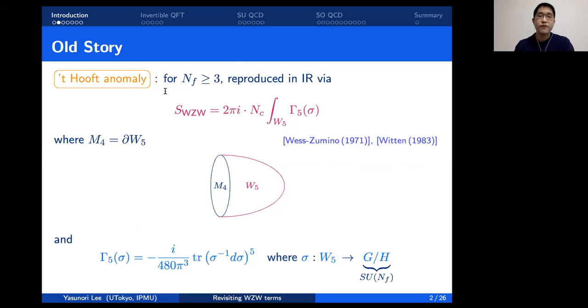term called the Wess-Zumino-Witten term. It is defined as an integral over an auxiliary 5-manifold, W5, which is bounded by the original spacetime 4-manifold, M4.